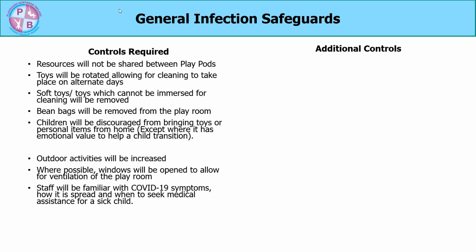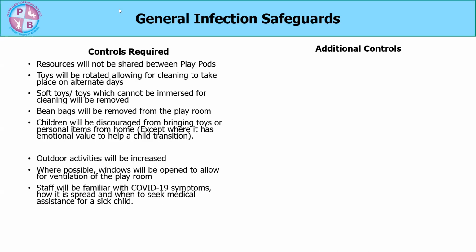The guidance recommends that bean bags, cushions, and soft furnishings are removed because there's a greater risk of cross-infection there. So you might want to do a scan of your room, and take those types of things out of play, basically.